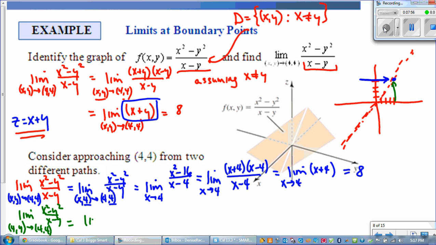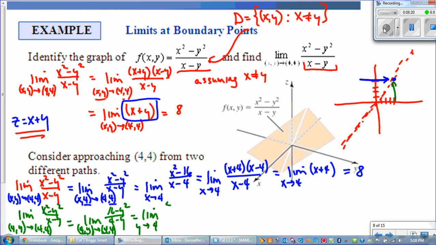So that will be the limit of (4, y) approaching (4, 4). And that means our x is always 4, so we have 16 minus y squared over 4 minus y, which will be the limit. Now notice since the x's are 4 all the time, y is approaching 4. y is the only variable.